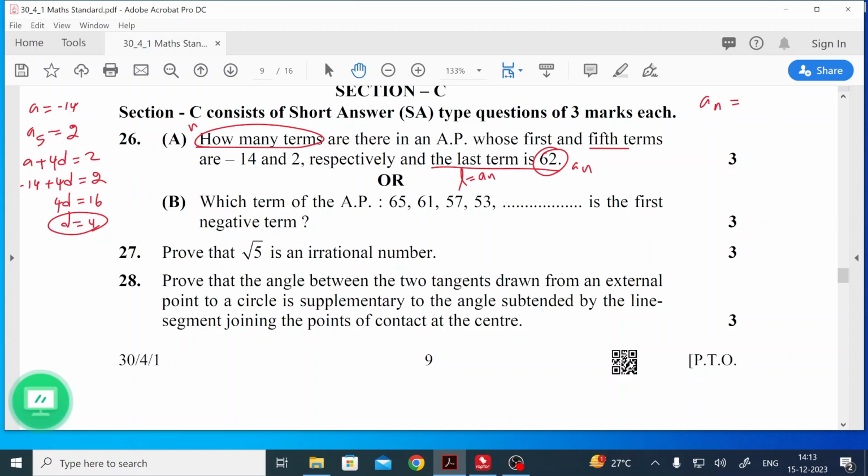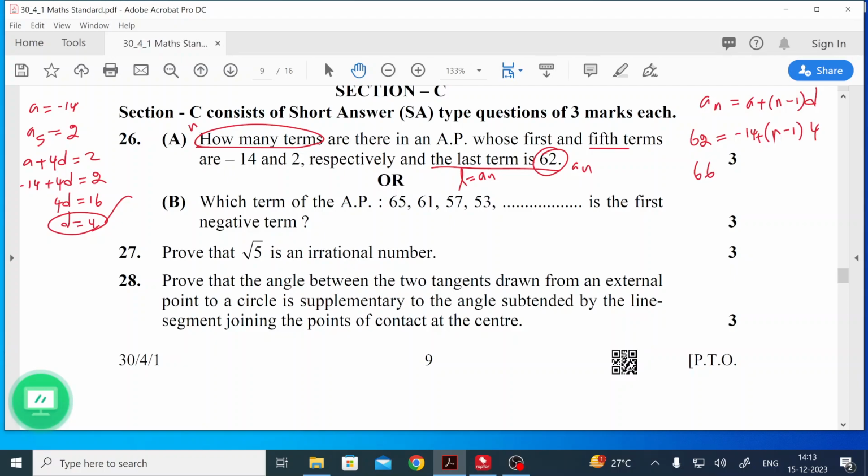Don't forget it. An equal to a plus n minus 1 into d. An value 62. A value minus 14. N value we have to find, minus 1. D value we got here is 4. That 4 you substitute. Minus 14 when you send to the opposite side, what am I getting? 66. Am I right? Is it 66?